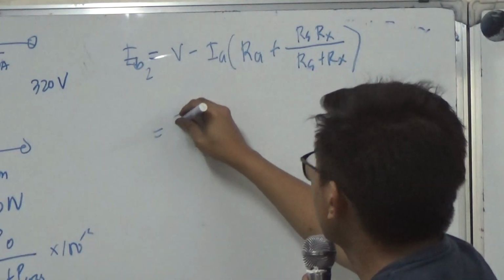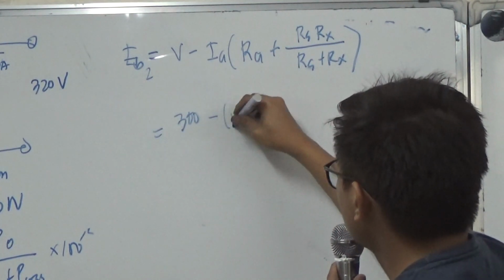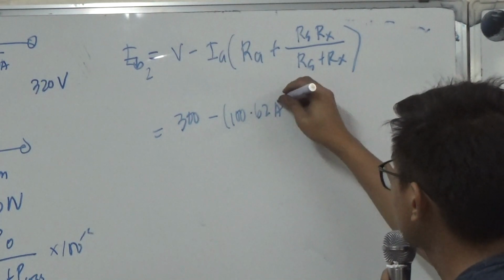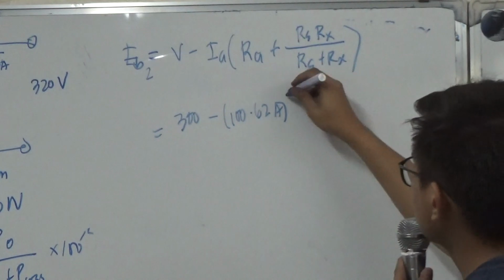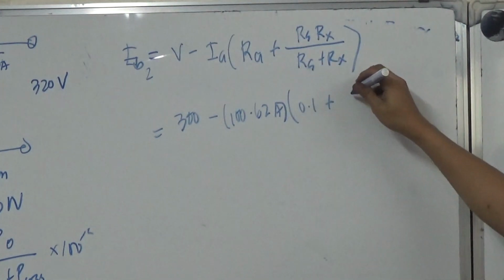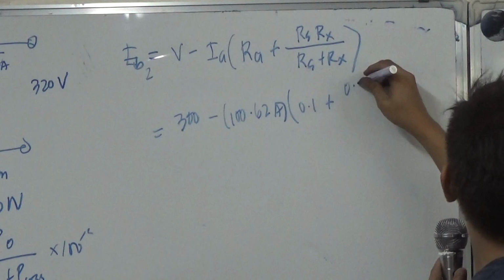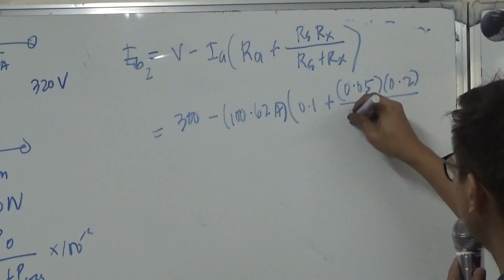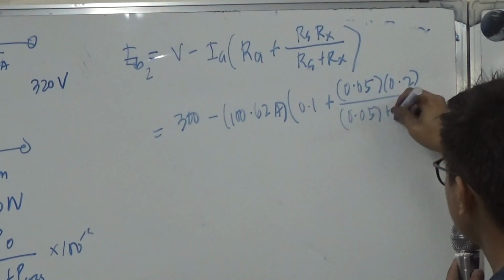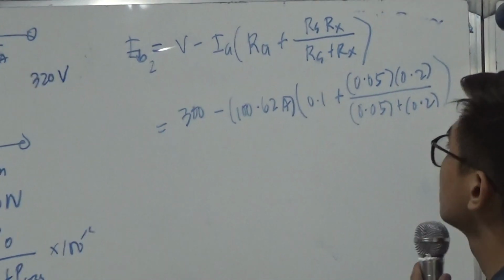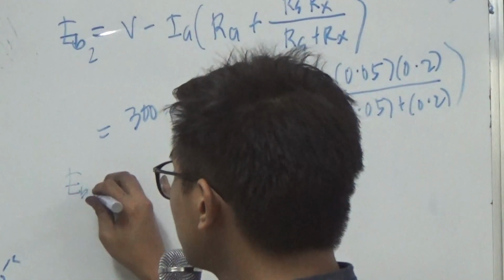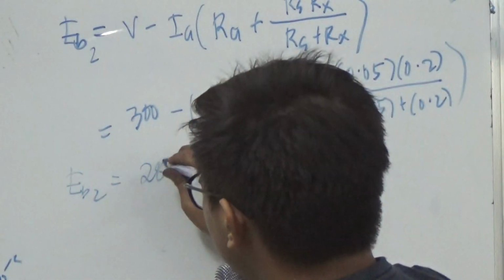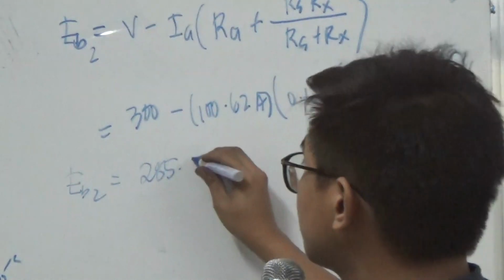So, substitute 300 minus 100.62 amps, then 0.1 plus RS na 0.05 and 0.2 over 0.05 plus 0.2. So, EB2 is equals to 285.9.